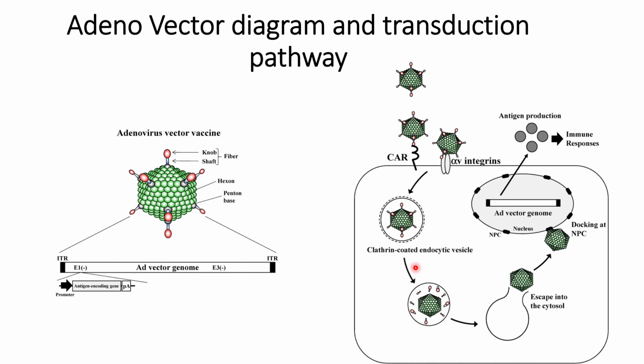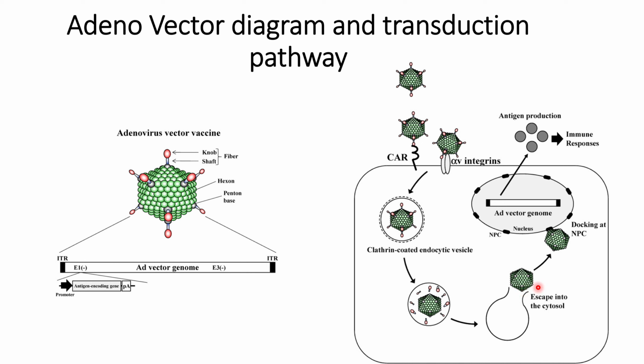Thereafter, because of the pH change, the fiber portions break down within the clathrin-coated endocytic vesicles that can be seen here, and after that the hexagon-shaped vector escapes into the cytosol.